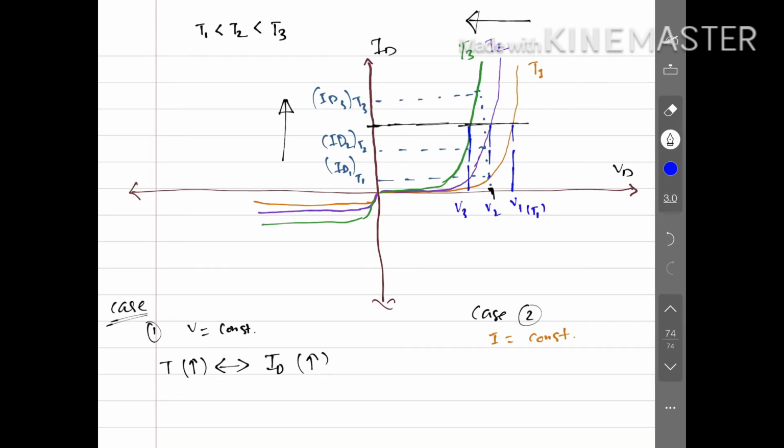This is for the temperature T1, this is for the temperature T2, and this is for the temperature T3, when your I is constant. So as you increase the temperature, what is happening to the voltage? At T1 this one, T2 this one. Voltage is reducing.